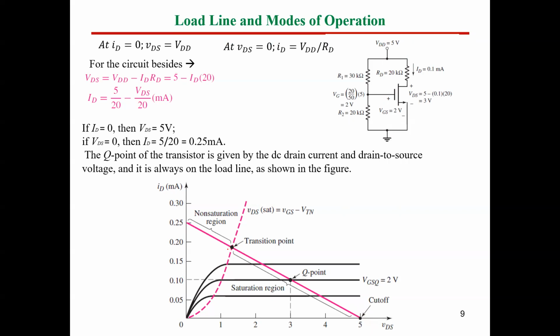Suppose that we have another curve here for VGS. In order to know this point exactly, we need to identify three values: the curve VGS, the value of drain to source voltage, and the drain current. So how can we identify the point of operation, or sorry, the transition point?